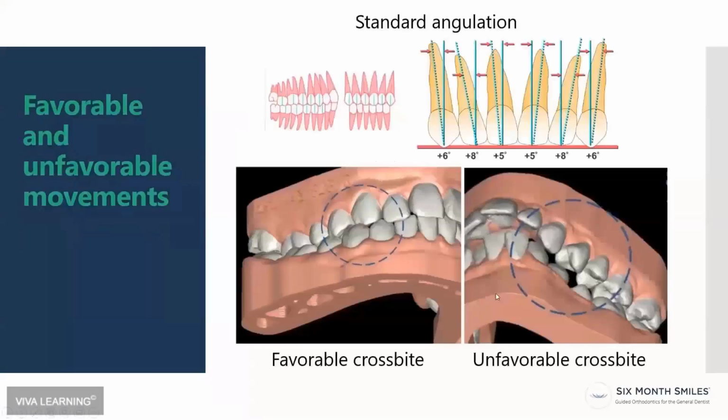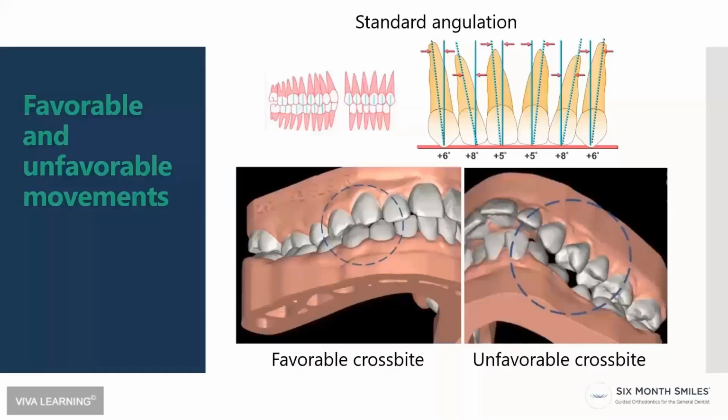We have to consider whether we work with favorable and unfavorable movements. So, for example, if we are about to correct a crossbite, whether this crossbite is a straightforward expansion or buccal flare of the posterior segment, and once that's achieved, we're not going to end up with a cusp-to-cusp relationship, we will consider this favorable.